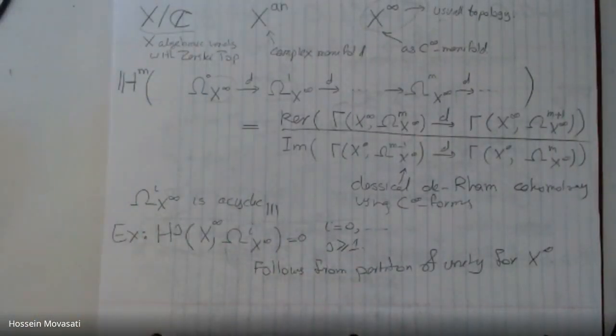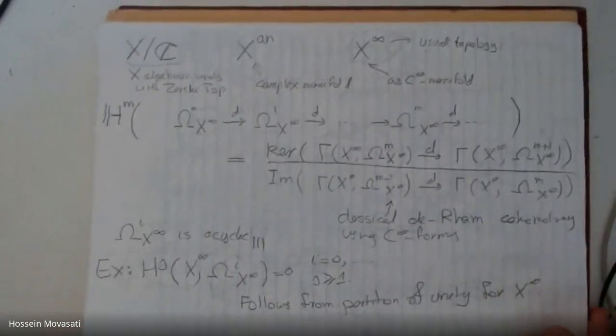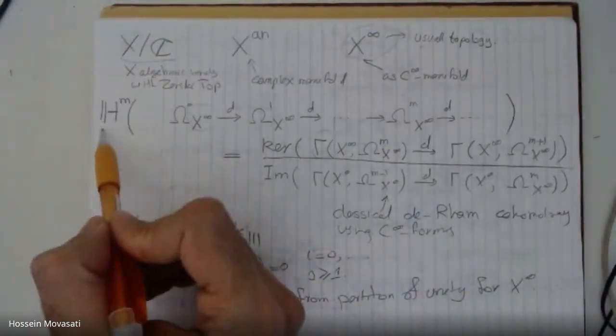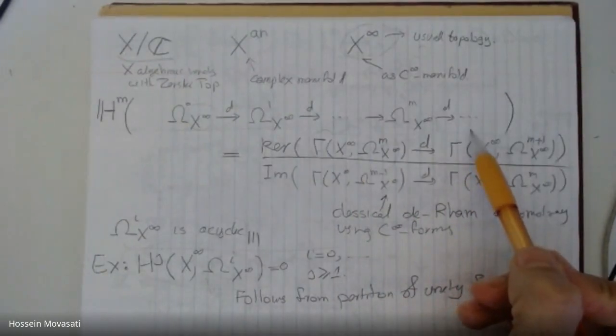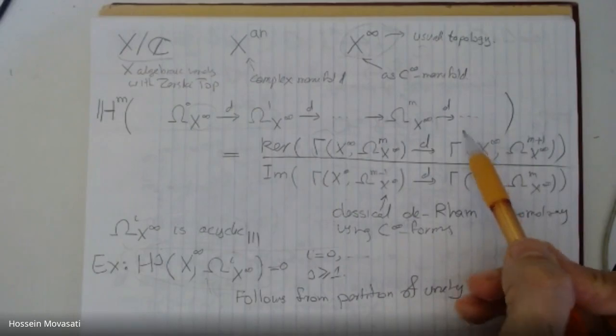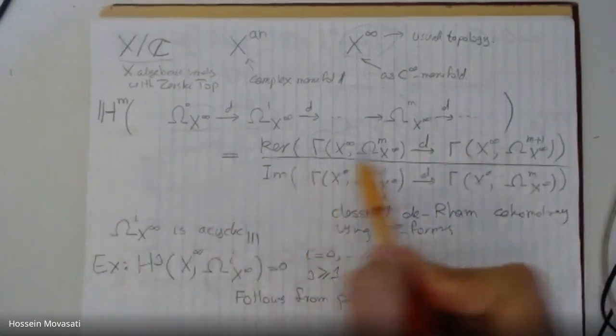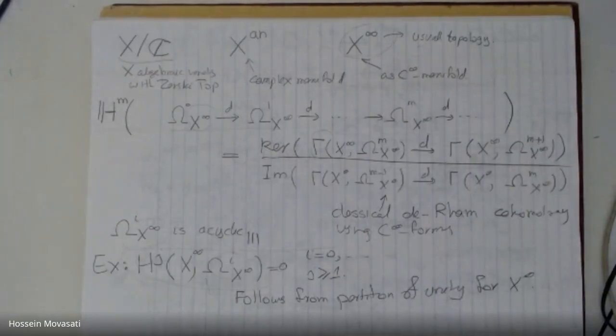So let's return to what we want to see. The hypercohomology of the complex of C infinity differential forms is just the classical de Rham cohomology. And this is at least the first indication that our hypercohomological definition of de Rham cohomology is not really far away from the original one.